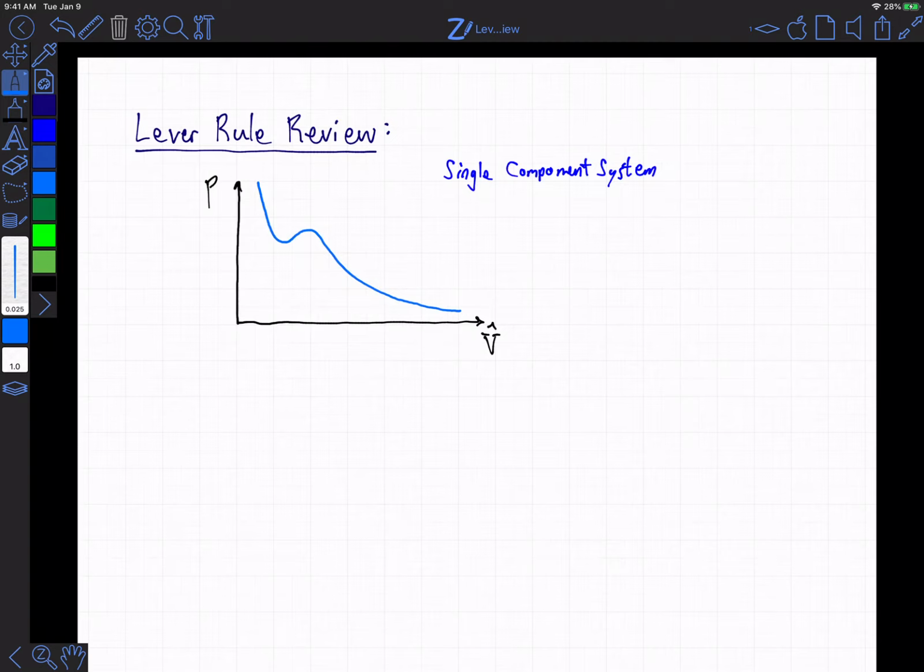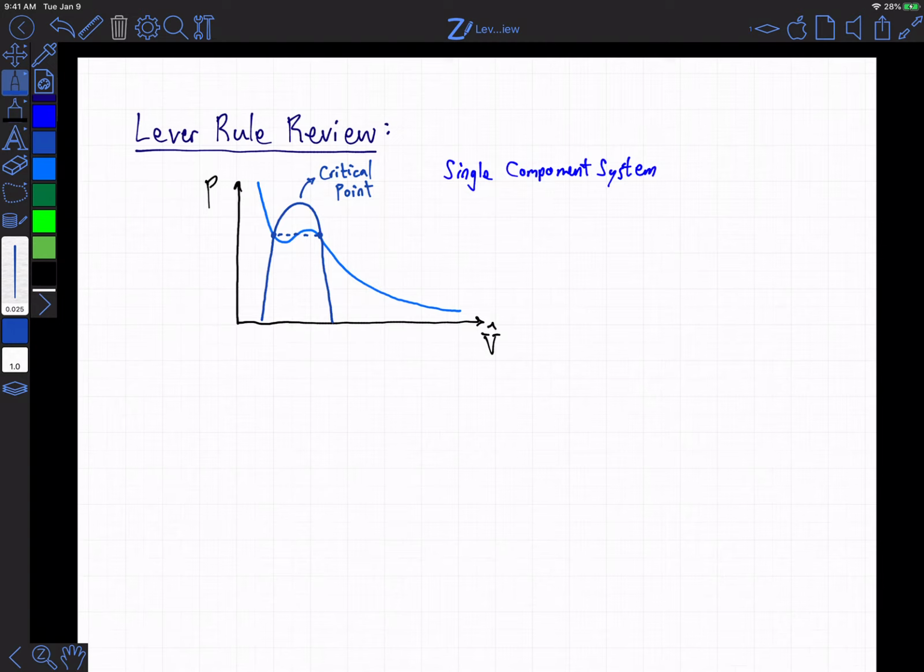And if we remember from our discussion, this is going to correspond to a situation where, for example, we might have a two-phase system that forms, and this would be part of the broader two-phase envelope that would look perhaps something like this, where we have the critical point located up here.